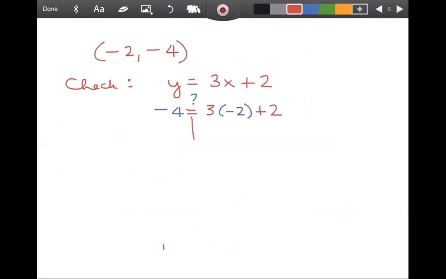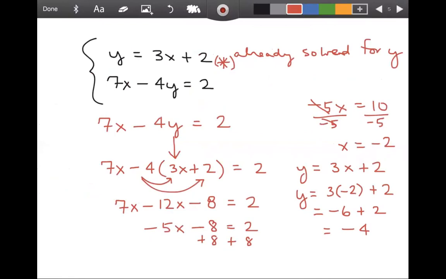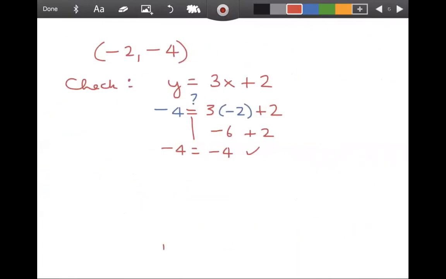Well, 3 times -2 is -6. -6 plus 2 is -4. So it works in that equation. But we also have to check it in the other equation, which is 7x minus 4y equals 2.